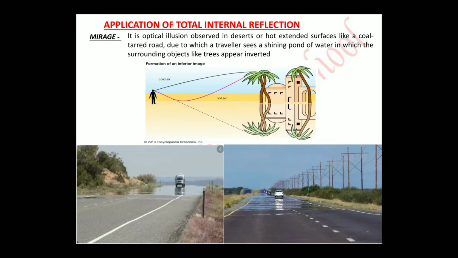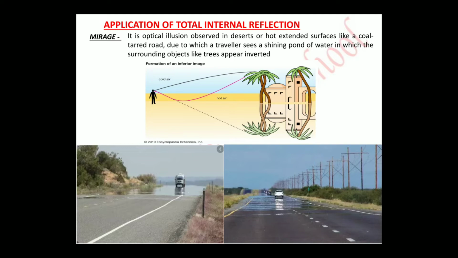It is internally reflected and reaches the observer. The observer sees a virtual image of the tree as he sees an image in water. So for him it appears like a shining pond of water, which is actually not there. That's why it is an optical illusion. So this is what the mirage is. Now let us move ahead.